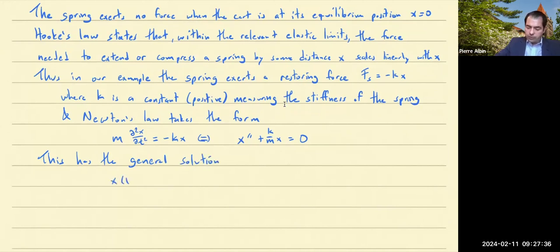Right, the general solution is x of t is equal to a times cosine of square root k over m times t plus b sine of square root of k over m times t.